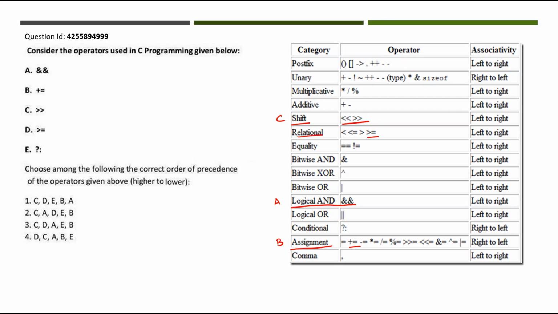So we have D. Then we have the conditional, the ternary operator, question mark and colon. This is available here. So this will be E. This is arranged from higher precedence to lower precedence. So the order will be C, D, A, E, B. Option number 3 will be the right answer.